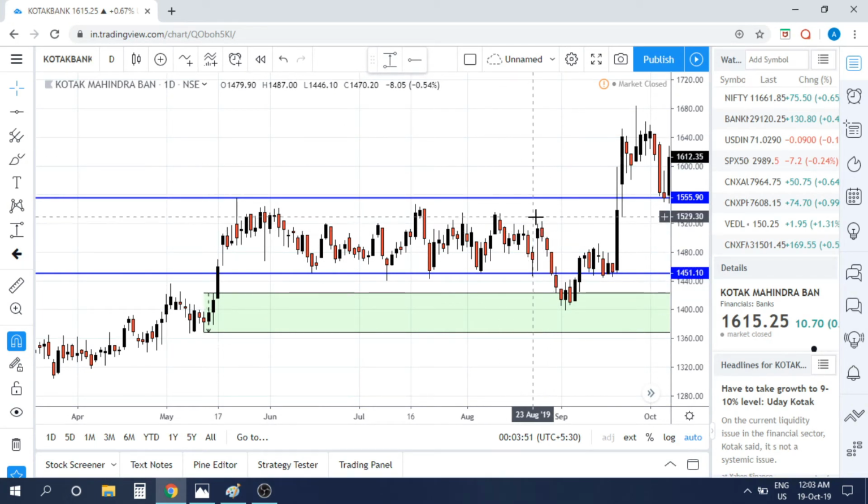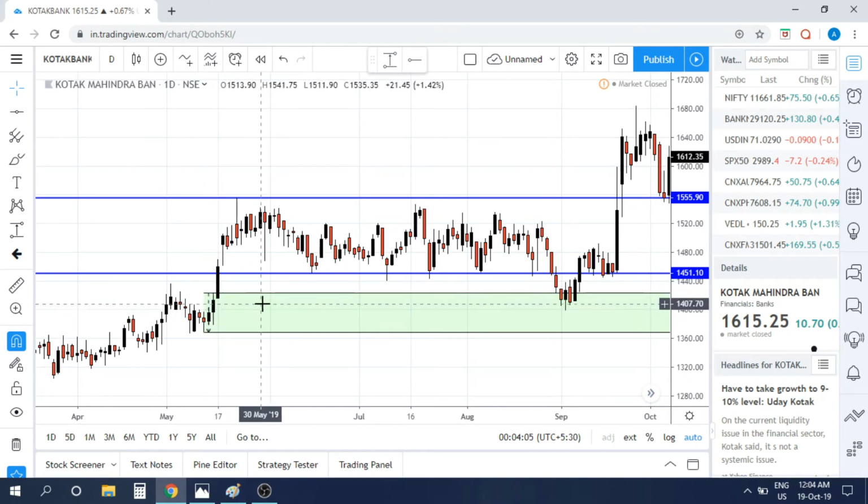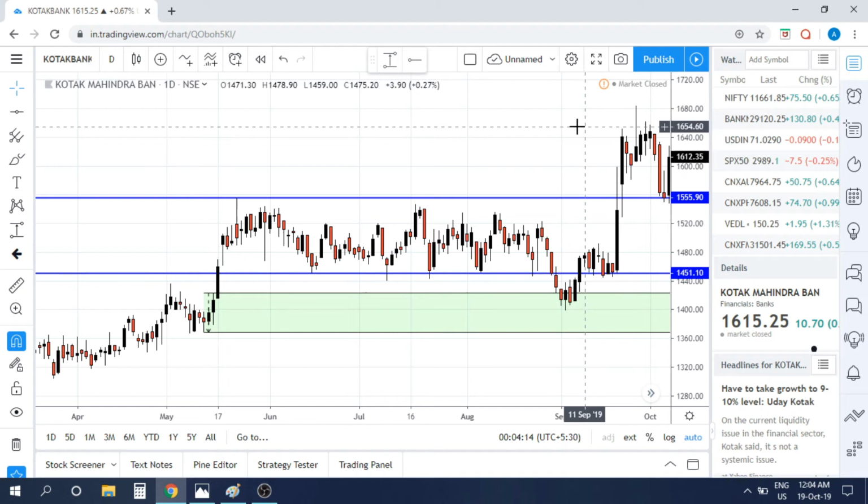So price finally broke down, and it took out all the sell stop loss orders from the retail traders, and it came down to that nearest demand zone, just beneath the support level, and then just from there it started moving up, right?